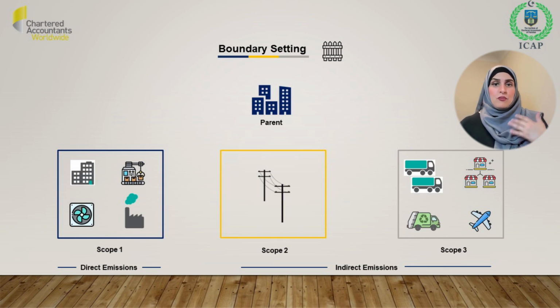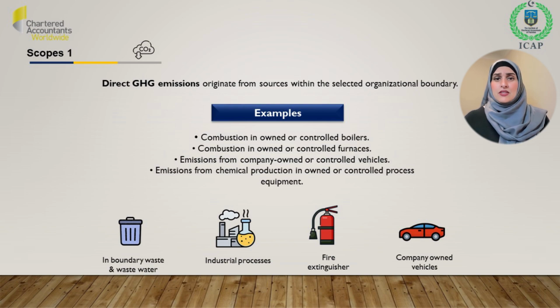The terms which we'll be using from now on are scope 1 for direct emissions, and scope 2 and 3 for indirect emissions. What is scope 1 and what is the business activity data under it? Everything which is owned or controlled by the reporting entity, or the entities in the reporting boundary, comes in scope 1.